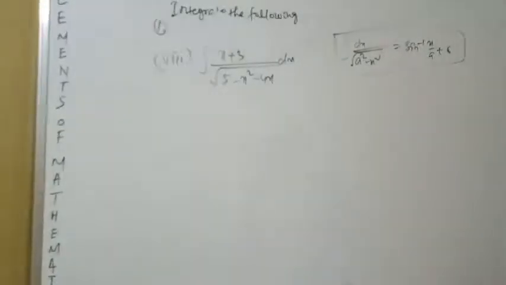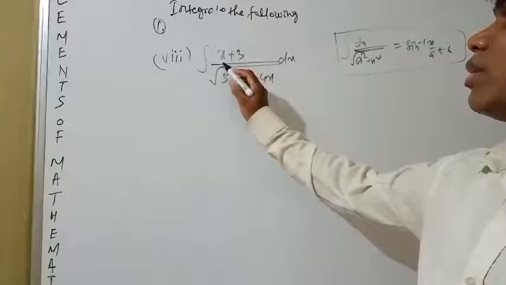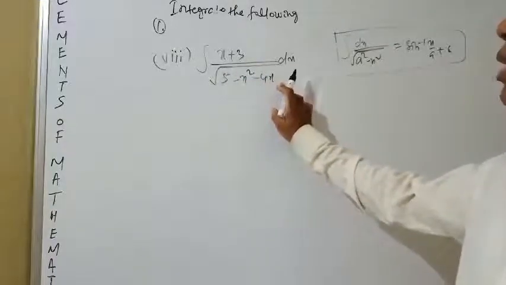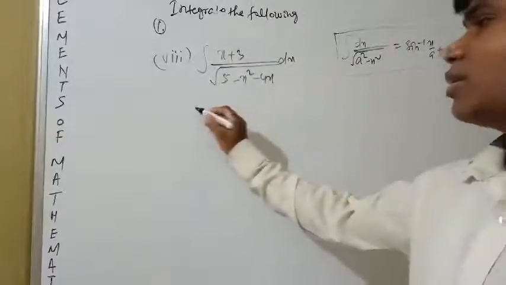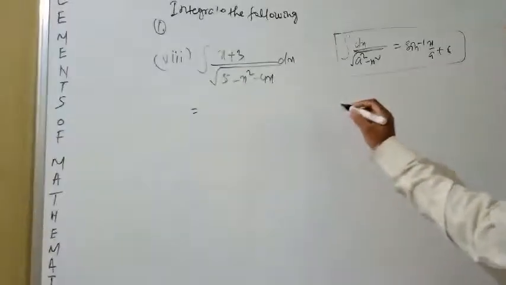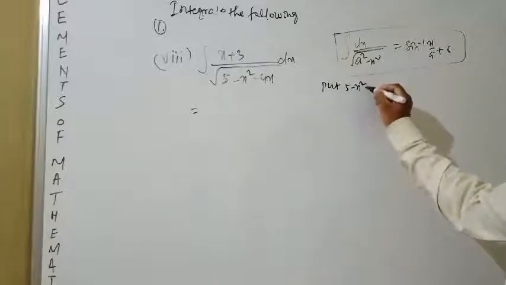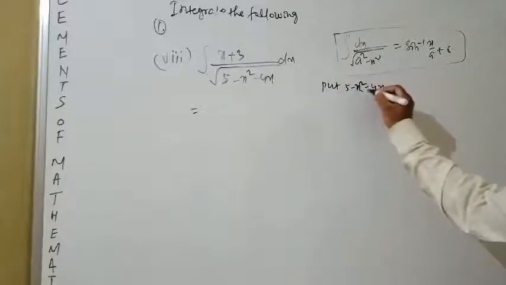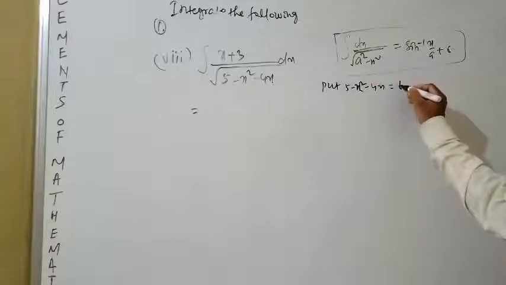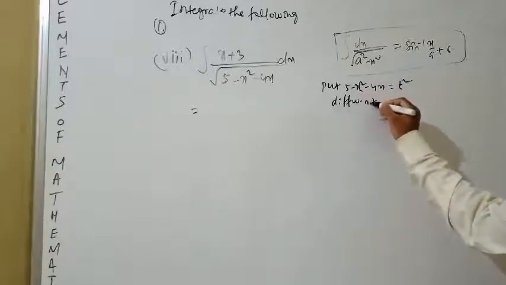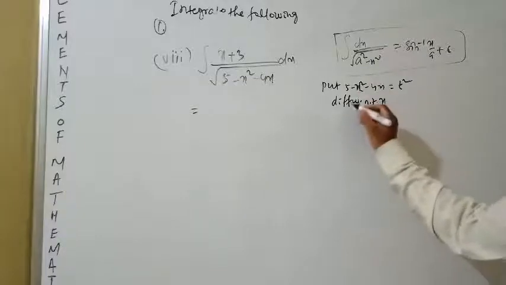Next, you see the question given: integration of x plus 3 by root over 5 minus x square minus 4x dx. Now you put 5 minus x square minus 4x is equal to t square. Differentiate with respect to x.